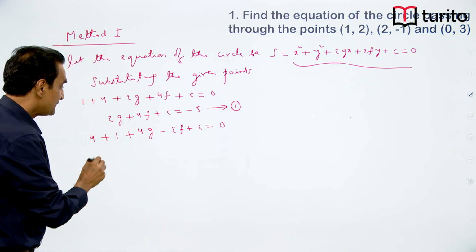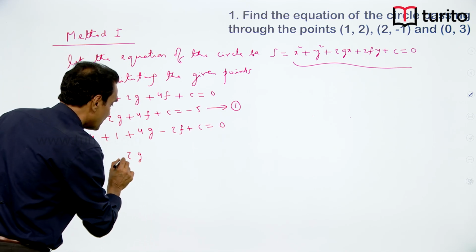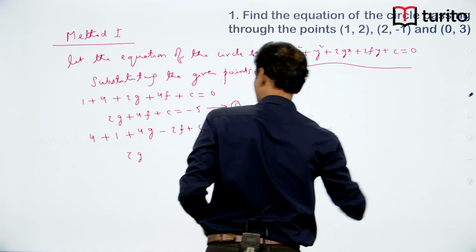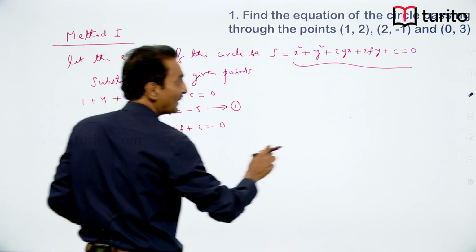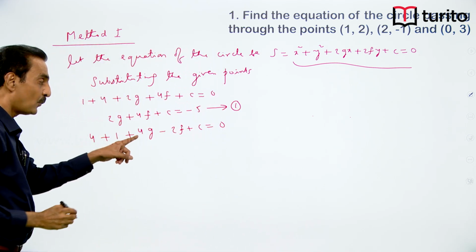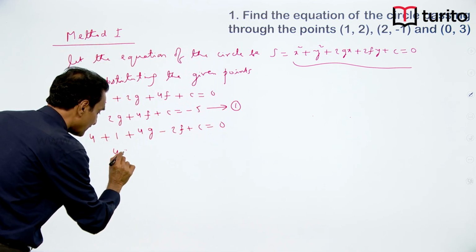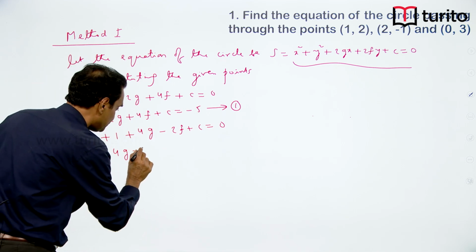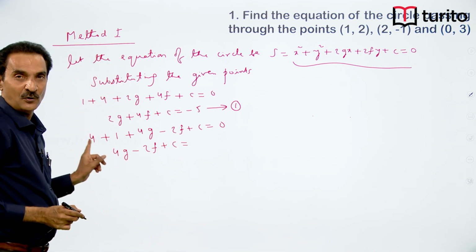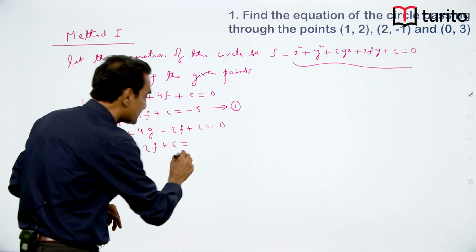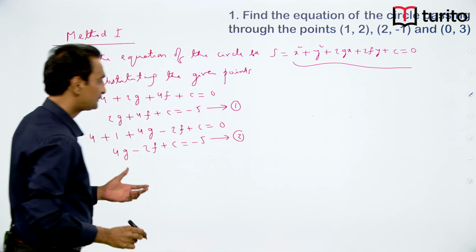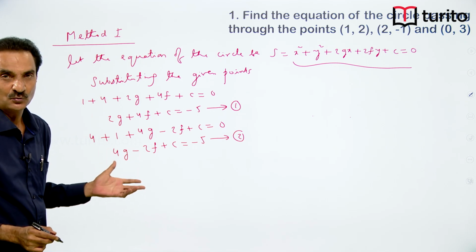Now, we can write it as 4g minus 2f plus c is equal to 4 plus 1 is 5. If it goes that side, it becomes minus 5. Let us denote it by equation 2.